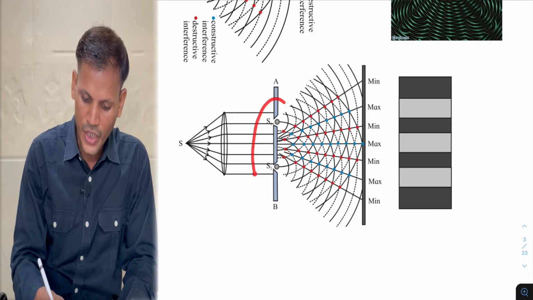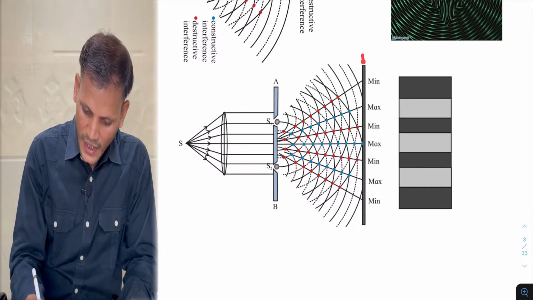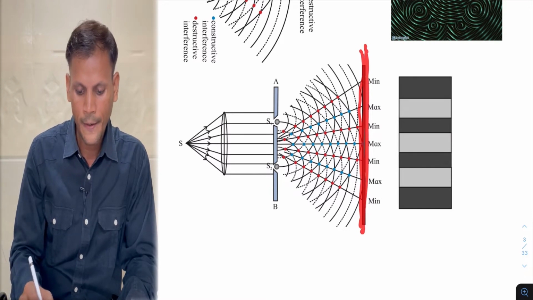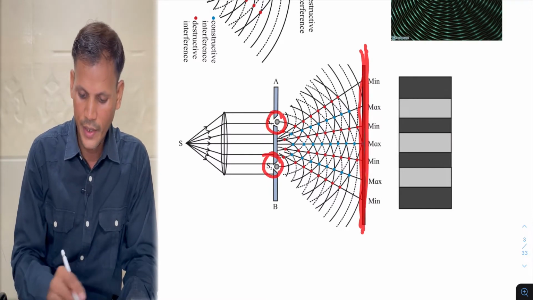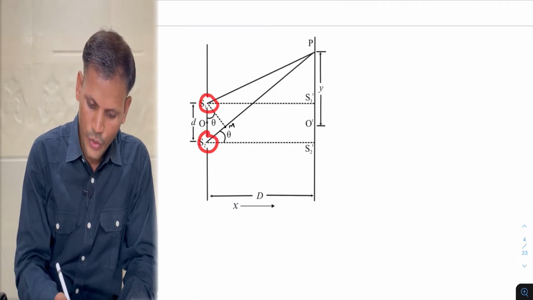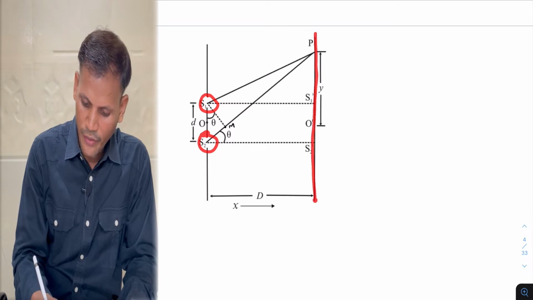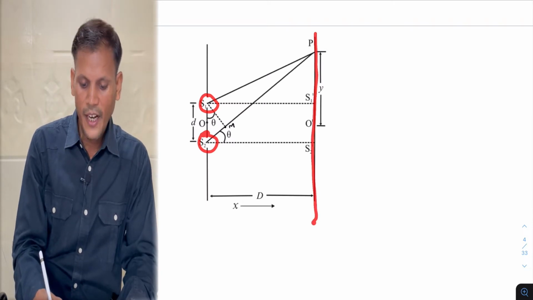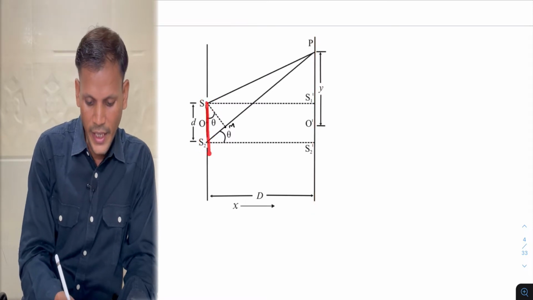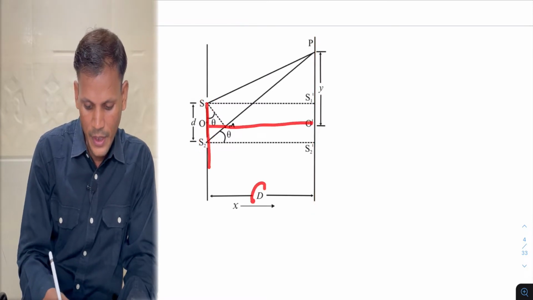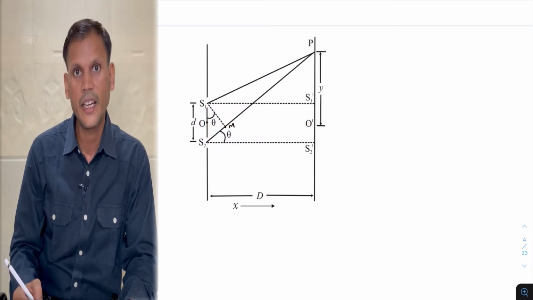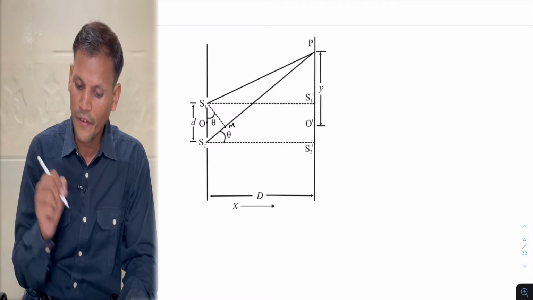A fraction or part of this one I have taken here. This is the screen at which the interference pattern is to be obtained, and these are the two slits, S1 and S2. And the distance between slit and screen is capital D. So capital D is the distance between slit and screen, and we have to find out the fringe width.